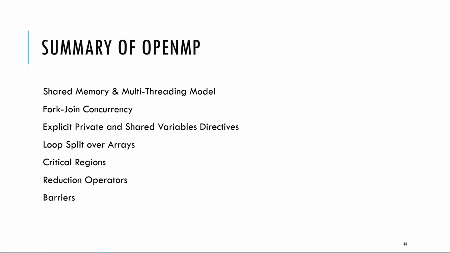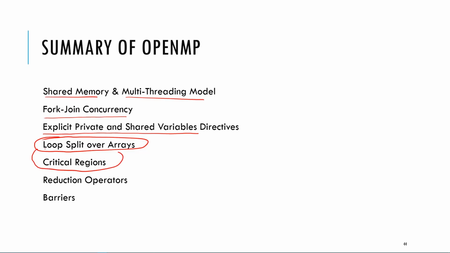To summarize this chapter, we have talked about shared memory and the multi-threading model. We talked about the fork-join concurrency model and how it is implemented using OpenMP. We showed how private and shared variables are handled by OpenMP, and then the specificity of OpenMP and its simplicity in handling loops while allowing us to create mutexes using critical and atomic.